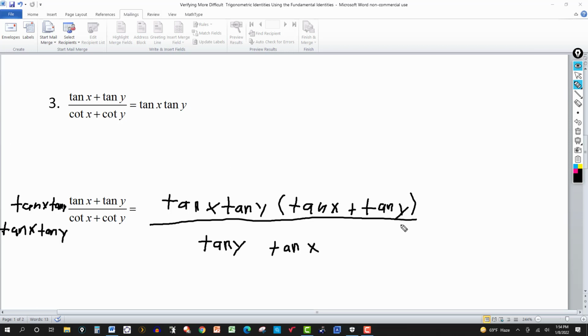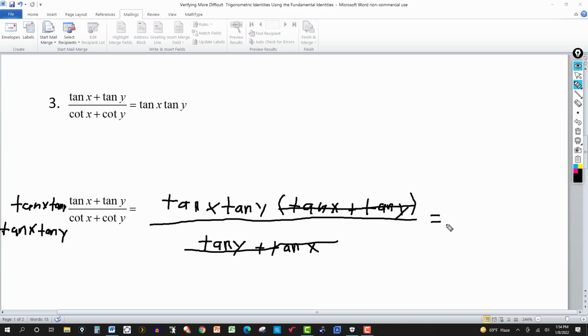So what do we have? Tangent of y plus tangent of x is the same thing as what I have up here, tangent of x plus tangent of y. They're in a different order, but addition is commutative, so those are the same. So I can cancel or divide out these two.